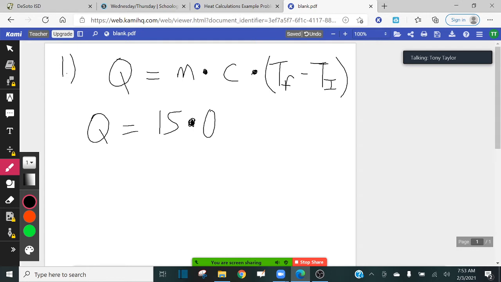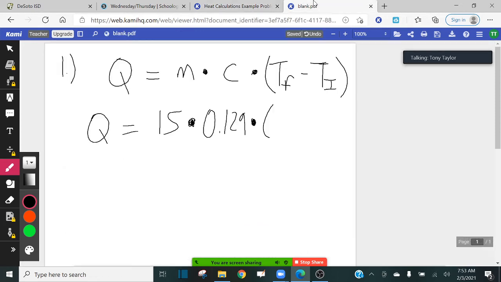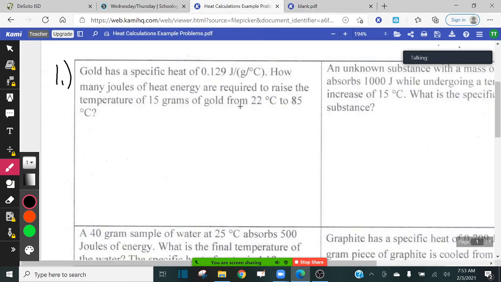So basically 0.129 joules. All of that gets multiplied by the change in temperature. What was the final temperature? The final temperature of the gold was 85 degrees Celsius. And the initial temperature was 22.